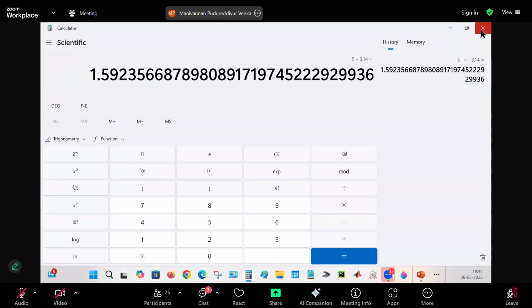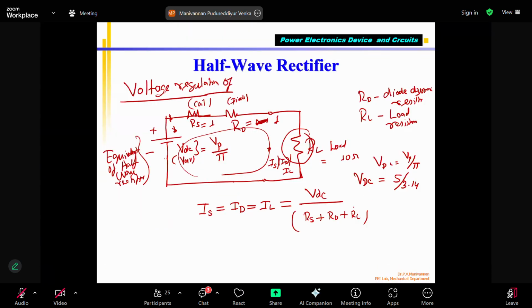We can make it 1.6 for ease. So VDC is going to be 1.6 volts, the average voltage. But please note that the peak voltage supplied by the transformer is 5 volts, while the average DC voltage VDC is going to be 1.6 volts. This is what is supplied to this.